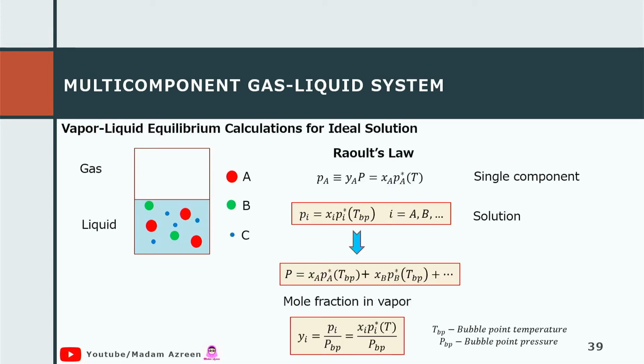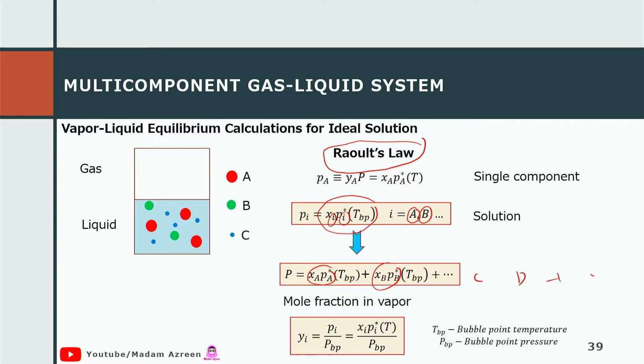The next thing: when we have a solution with multiple components, more than one, Raoult's law will consider each of the species. If you have 3 species, you have to consider the partial pressure of each species, for A, B, C, D, and whatnot.